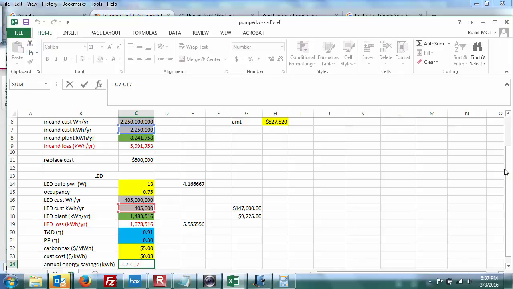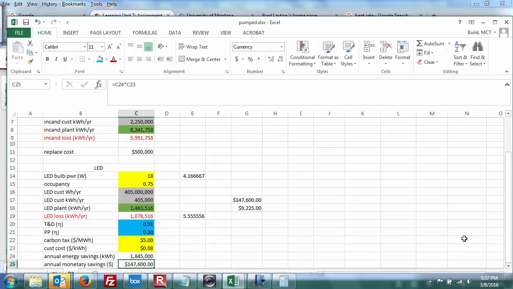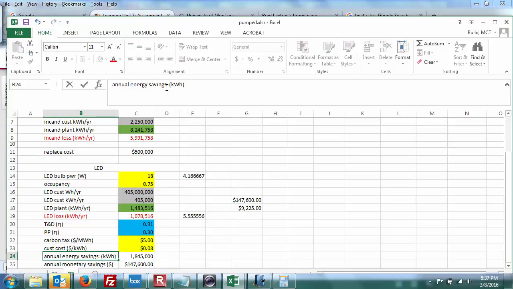The incandescents, 2.25 million kilowatt hours at their meters. So there we go. Annual energy savings is across all customers. This is at the meter. This is not at the plant.